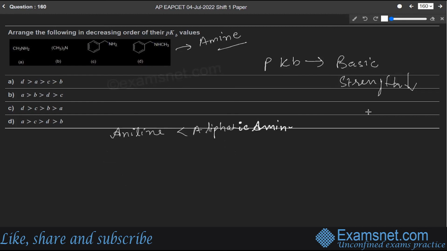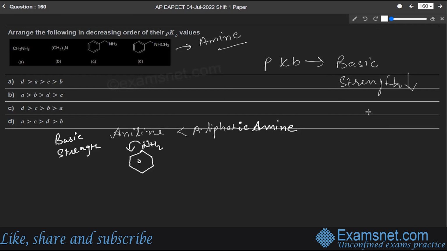Right. So like I told you, in aniline the lone pair is delocalized in the ring, so the lone pair goes into the delocalization of the ring and resonance is possible. I'll be telling you that in detail in the amine chapter. Right now, aliphatic amines have a higher basic strength. Among A and B, which are the aliphatics, which would have higher basic strength?